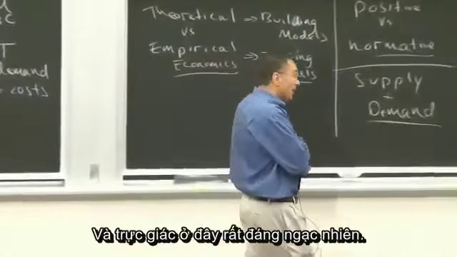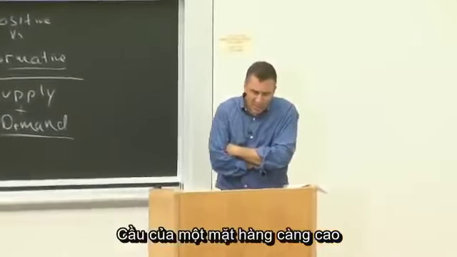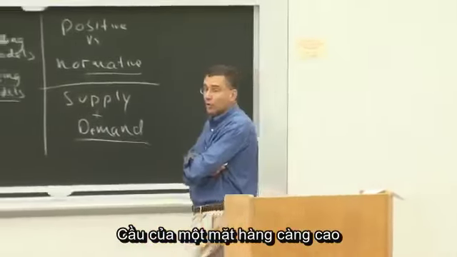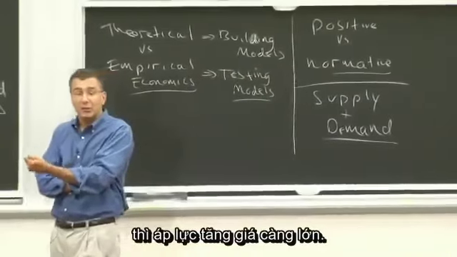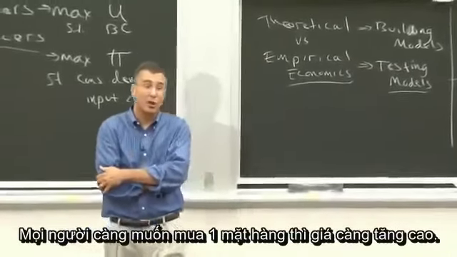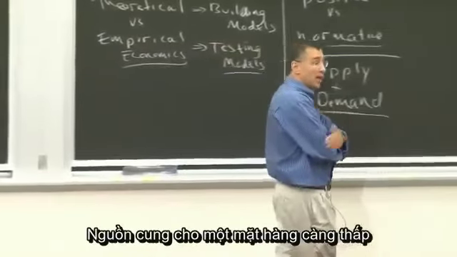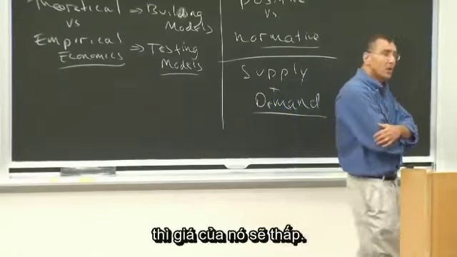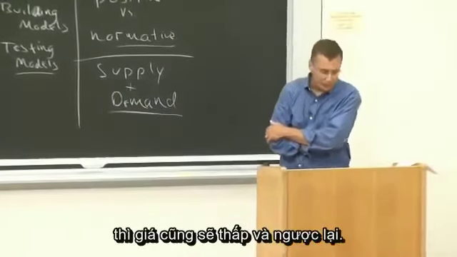The intuition here is unsurprising. The more there's demand for a good, the higher will be the upward pressure on prices. The more people want a good, the higher prices will go. And the less supply there is of a good, also the higher prices will go. So if everybody wants something but it's common, the price will be low. And if no one wants something but it's uncommon, the price will still be low, and vice versa.